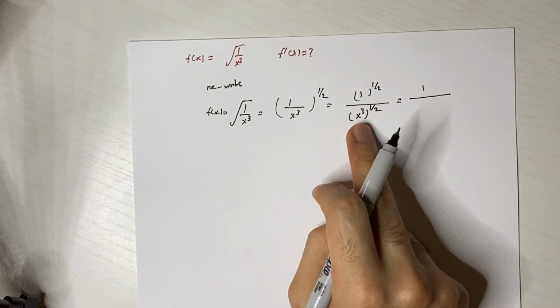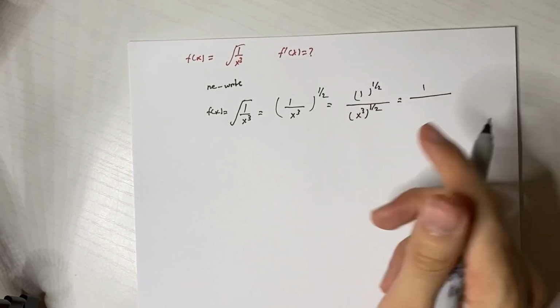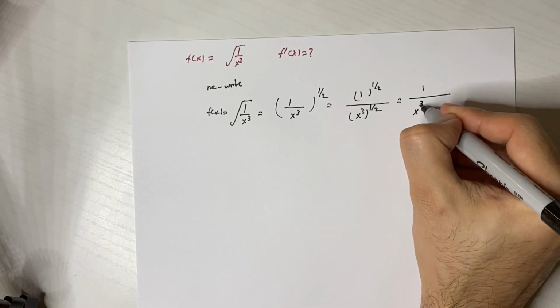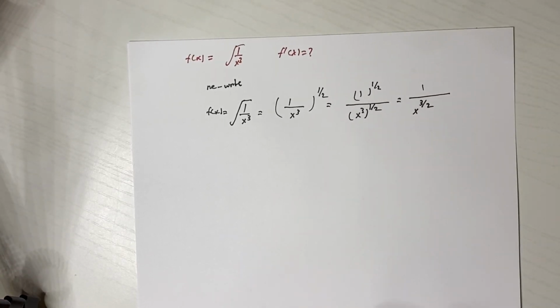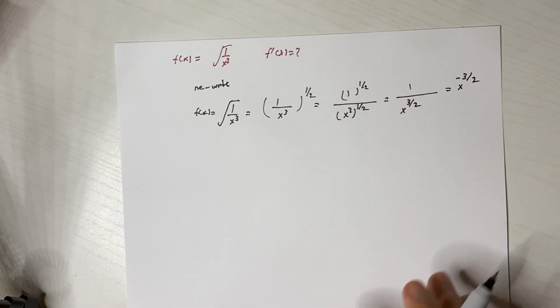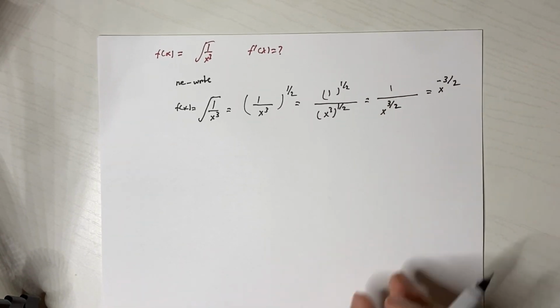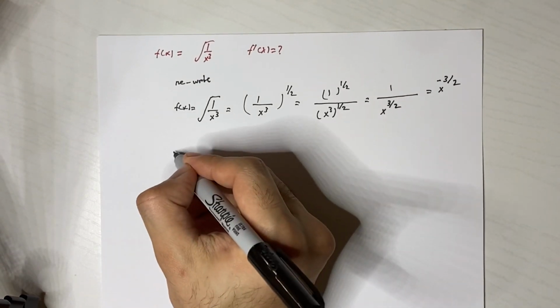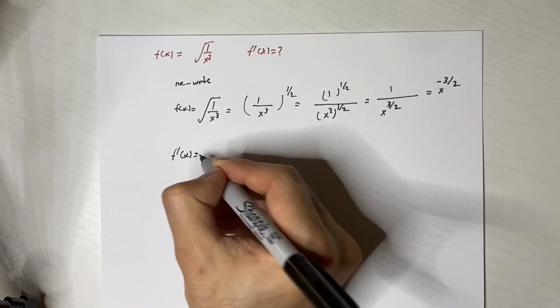Square root of 1 is just 1, and at the bottom we multiply the powers, which is going to be 3 over 2. Now we can also rewrite this as x to the negative 3 over 2. Now we are ready to apply the power rule.